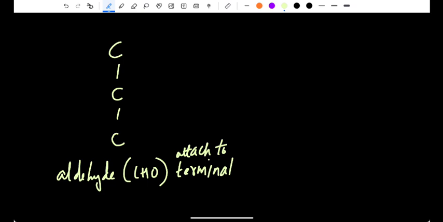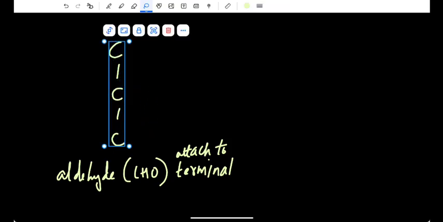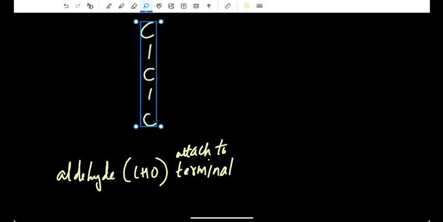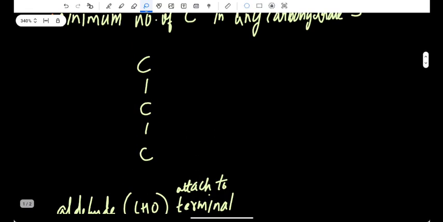So if it is 3 carbons, I already told you that at the terminal, this one will be carbon 1, then second carbon, third carbon.